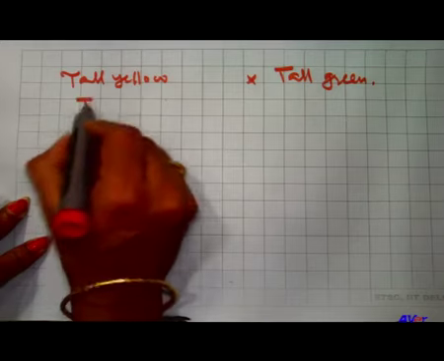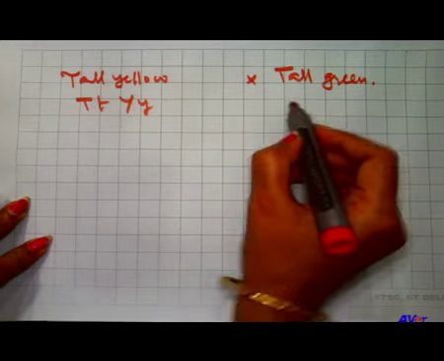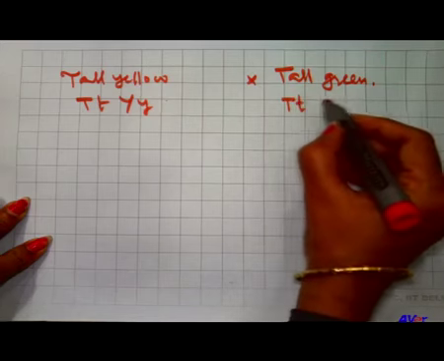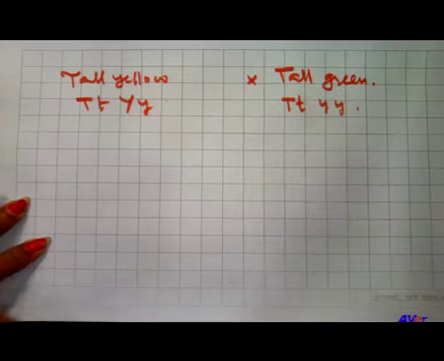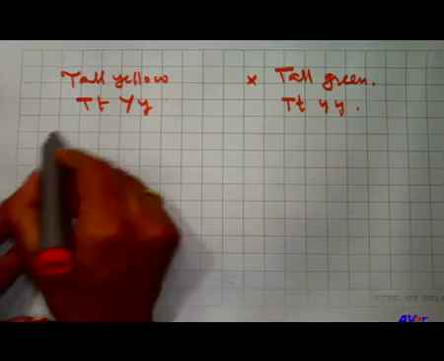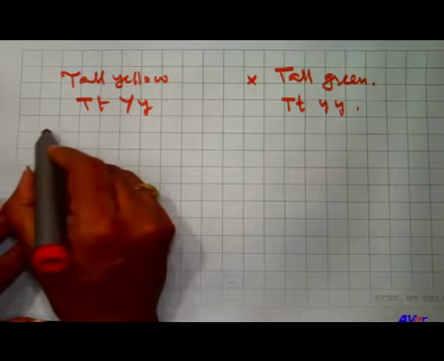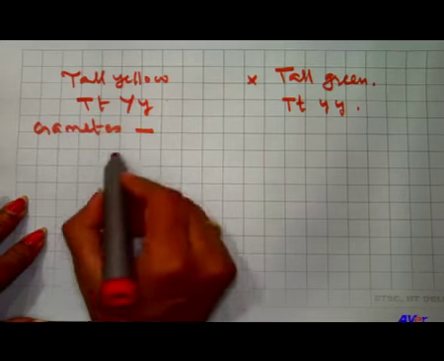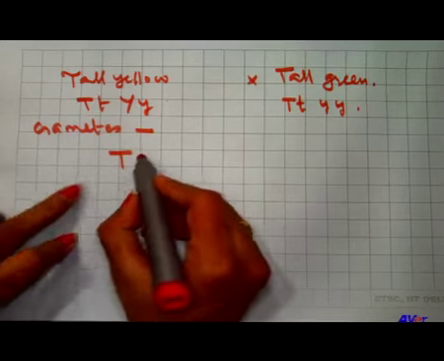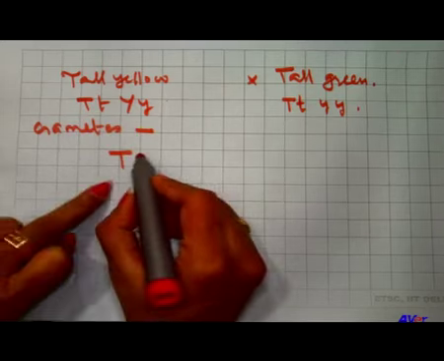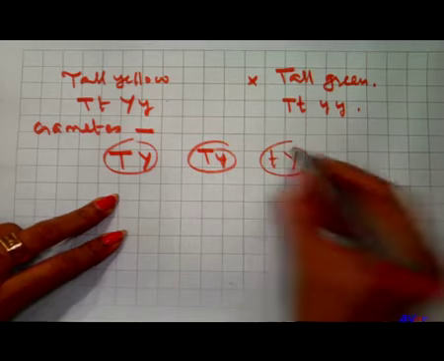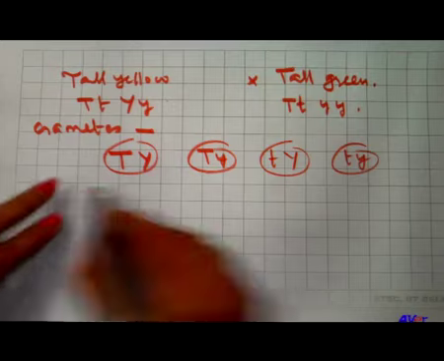Tall yellow is heterozygous and tall green is heterozygous for one pair of alleles. Now come to the gametes. Capital T and capital Y. Capital T, small y. Small t, capital Y, and small t, small y. These are the four gametes.